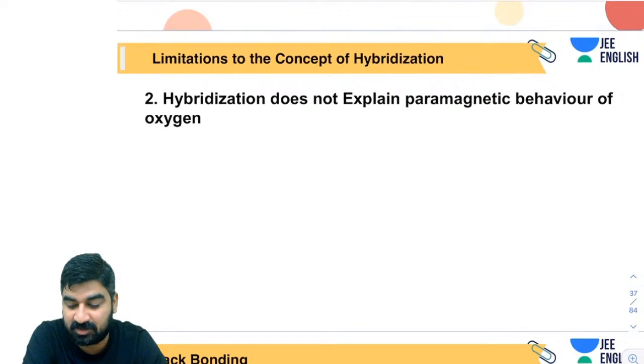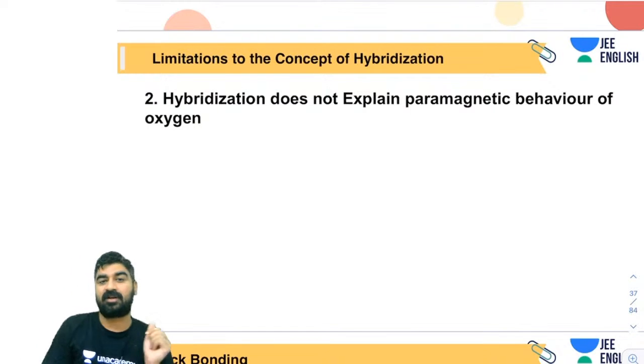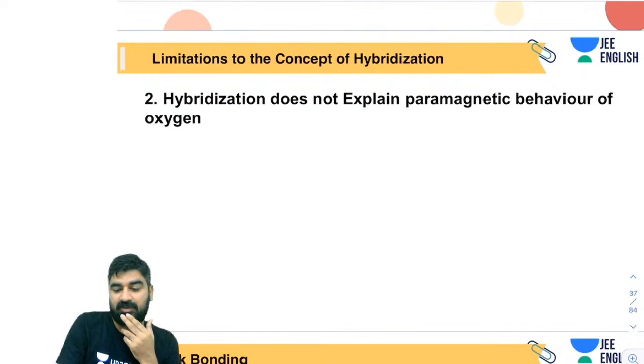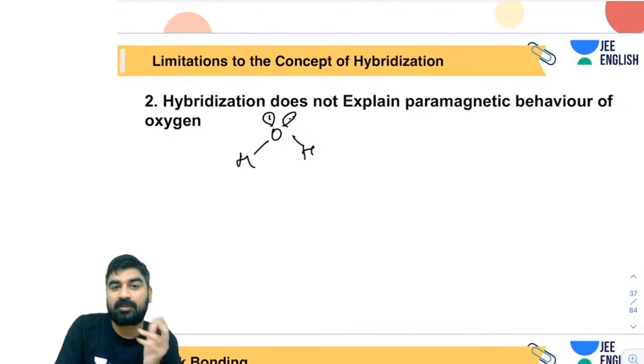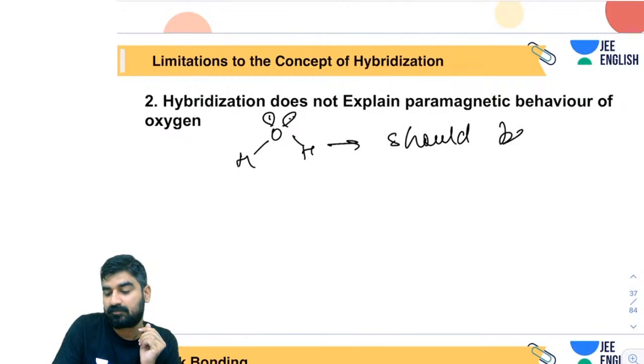So hybridization does not explain the paramagnetic behavior of oxygen. How, guys? Because if I take the hybridization concept, so in H2O, we have two lone pairs, right? And two bond pairs. So there is no unpaired electron. So it should be diamagnetic.